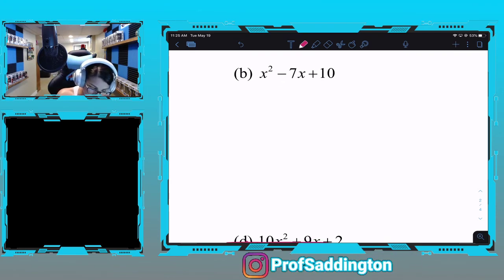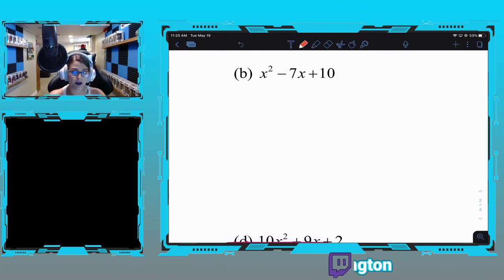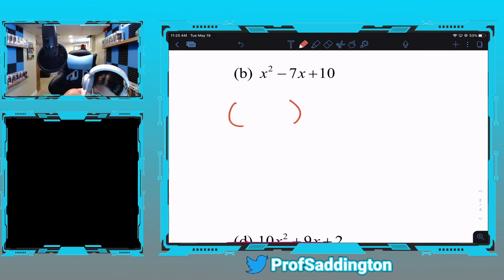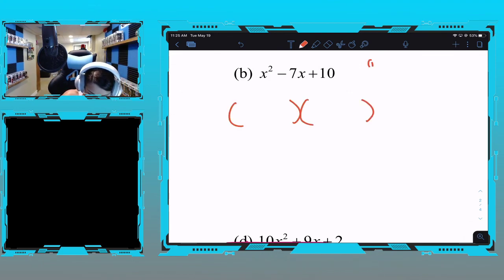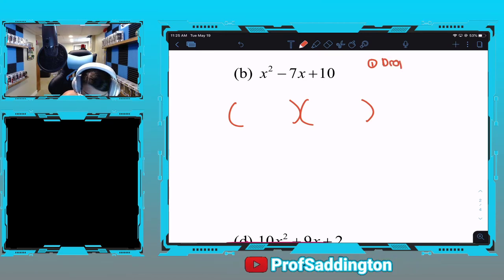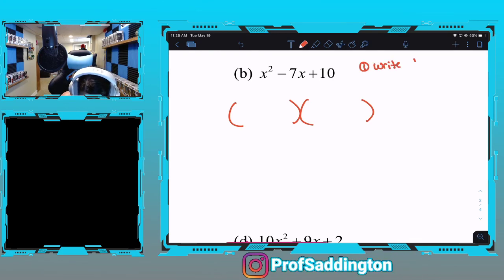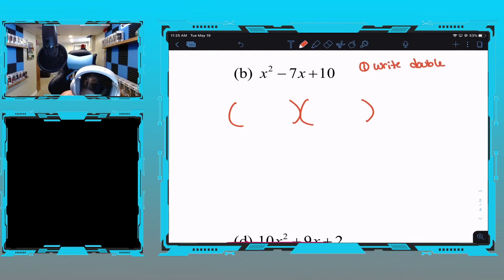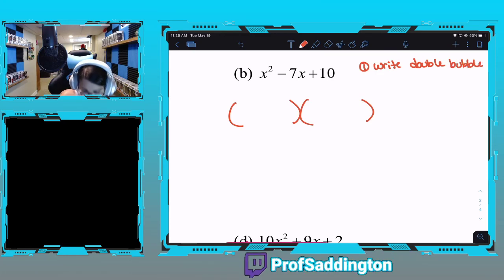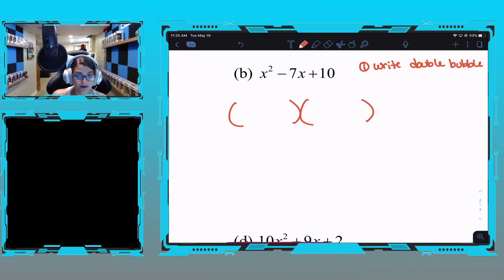Okay, so anytime that I am asked to factor, and factoring will have more meaning in a later unit that you'll cover in Algebra B, I want to first drop down my double bubbles. So step one is write the double bubbles, which is your parentheses, okay?